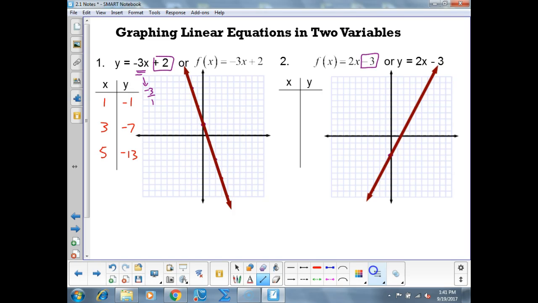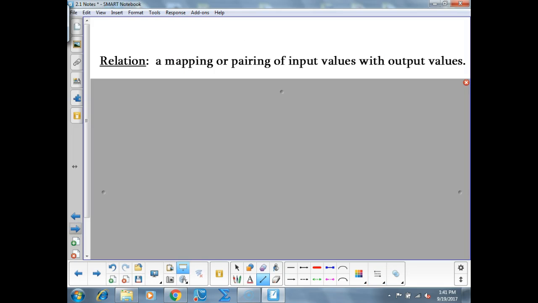Okay. Functions are relations. A relation is a mapping or pairing of input values with output values. Meaning you put something into an equation or a function or a relation and you get out a value.